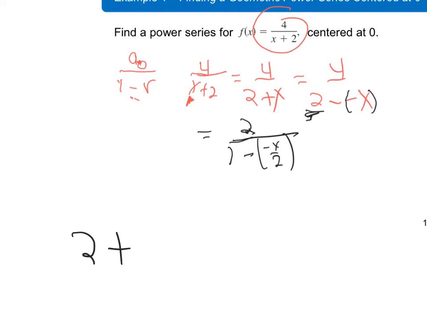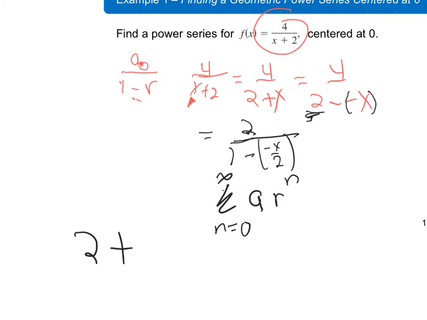How do I turn that into my power series? Power series, n is 0 to infinity, of my first term, or a sub 1 or a sub 0, whatever you want to call it, times my r to the nth power.